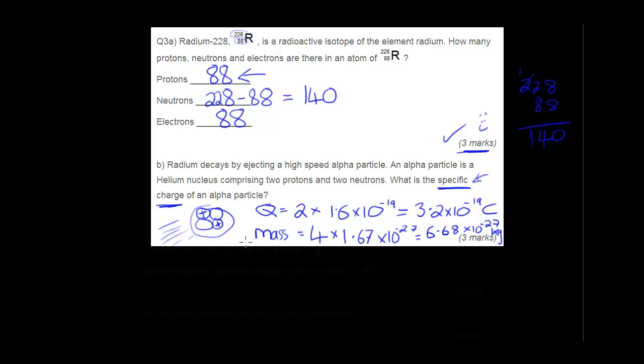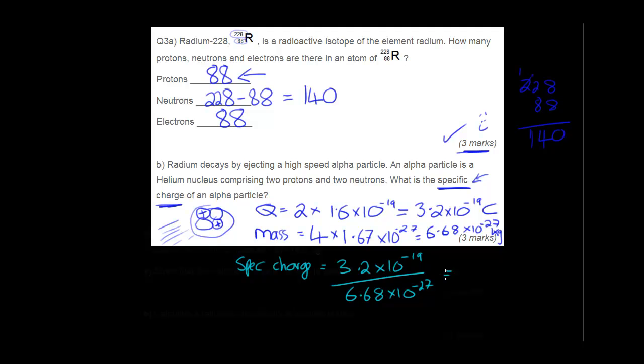Let's go to a new color. We've got the charge, we've got the mass, so specific charge is simply charge over mass: 3.2 times 10 to the minus 19 divided by 6.68 times 10 to the minus 27 kilograms.